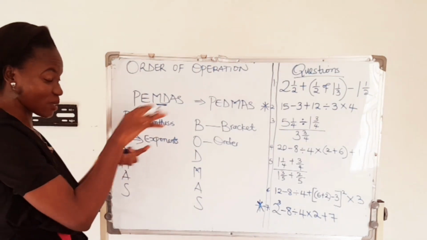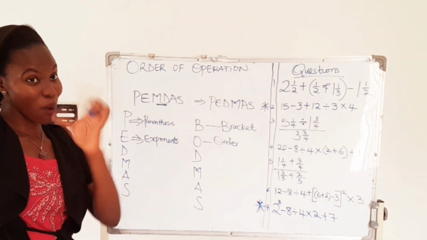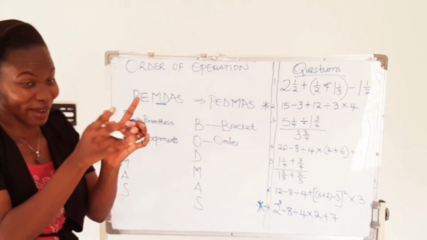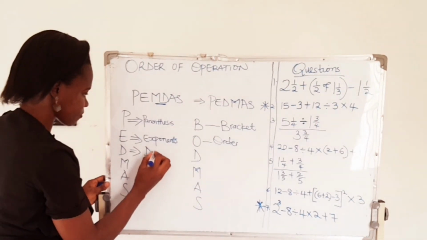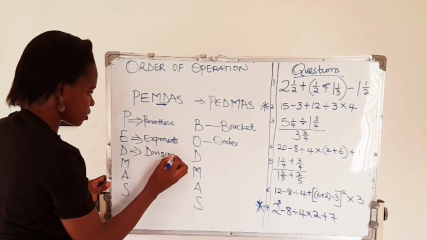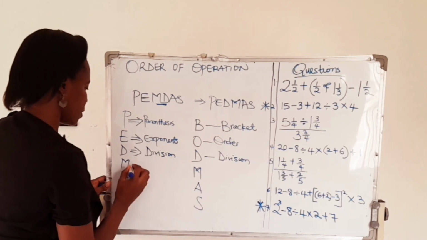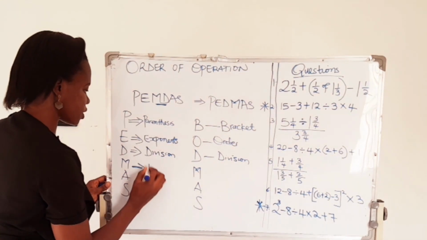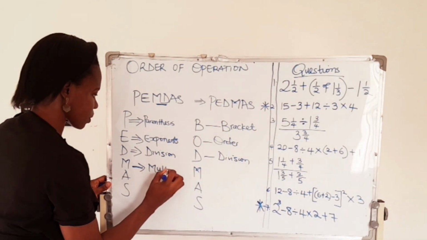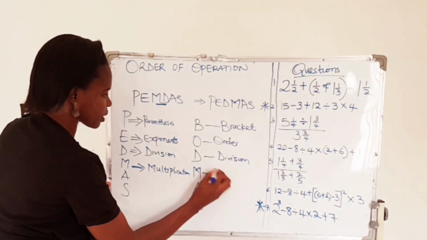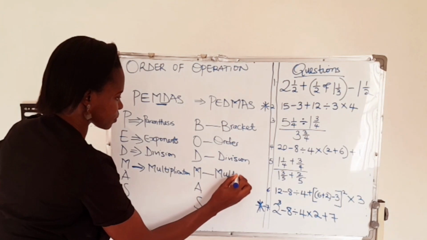So meaning that if you see exponents, if you see raised to power in your expression, you should answer it after answering bracket. And the next one is division, which is the same thing as division here. Then this is multiplication, which is the same thing here, multiplication.